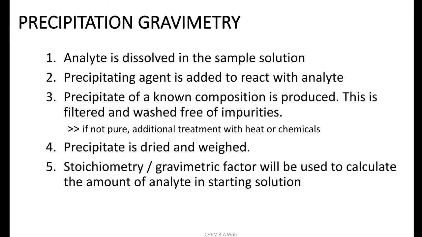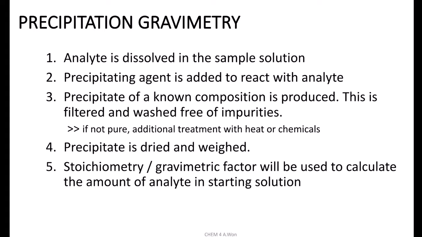Number 4, precipitate is dried and weighed. This is to ensure na walang water or solvent na kasama sa pag-measure ng mass because this is related to the next step. Number 5, stoichiometry, or a shortcut which is gravimetric factor, will be used to calculate the amount of the analyte in the starting solution.